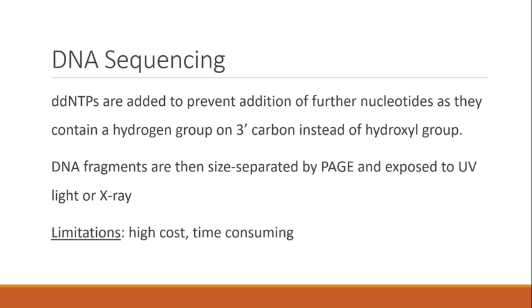But there are a few limitations associated with this, which is in terms of high cost, plus also it is extensively time consuming. When you're talking about PCR, then you're doing the electrophoresis, you have to wait for a really long time. And if it is just one sample, let's say if your gel breaks in between, if there was some error in making of your gel, then ultimately all the things are affected.